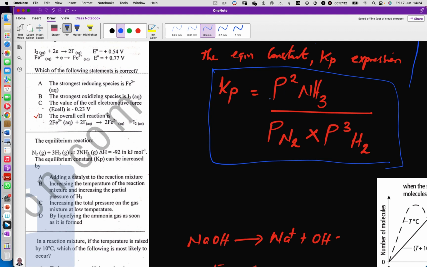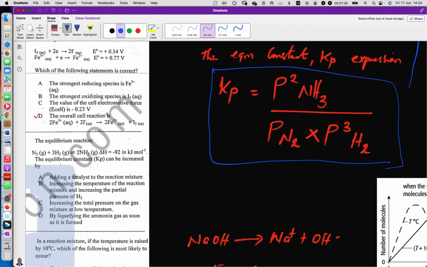Based on our equilibrium constant Kp, if more ammonia is produced, since Kp is equal to the ammonia divided by the denominator, the higher the number of moles of ammonia, there will be an increase in Kp.